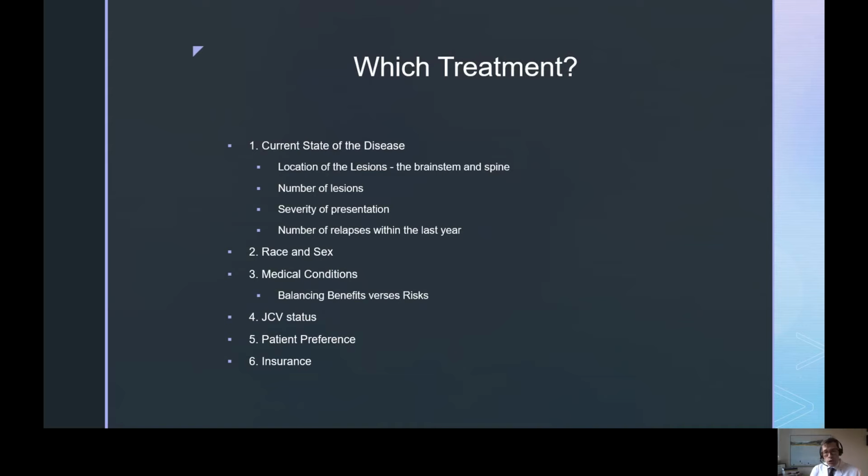and disability progression. Prior to the introduction of disease-modifying therapy, about 50% of patients 10 years after the diagnosis would need some type of assistive device to ambulate. That number has significantly declined. Maybe between 10 and at most 20% of patients fall into that category, and that is due to disease-modifying therapy.